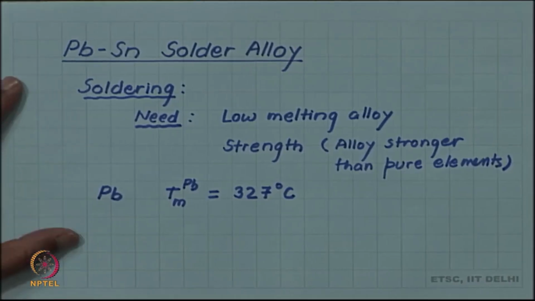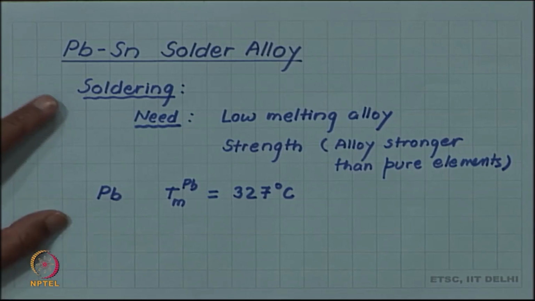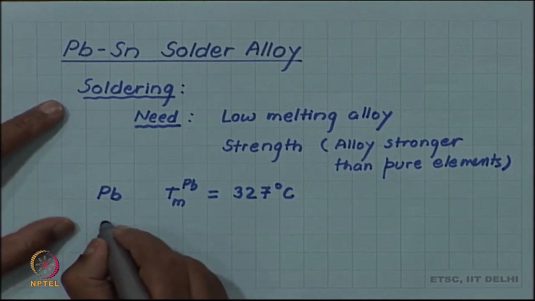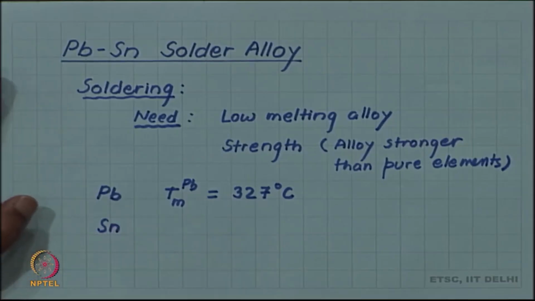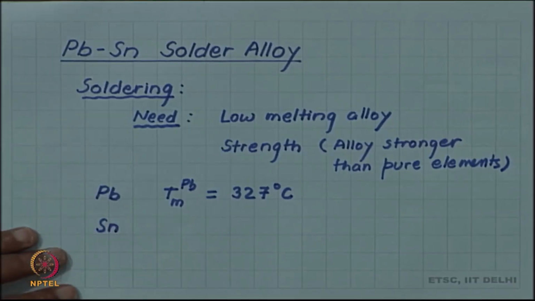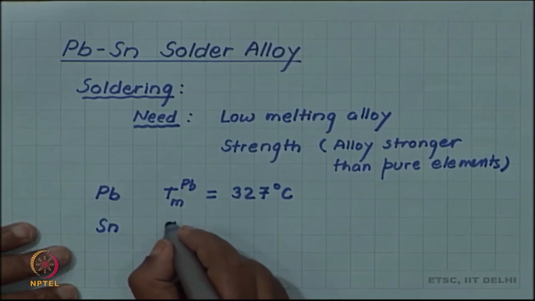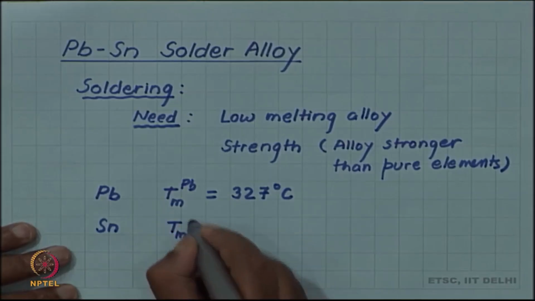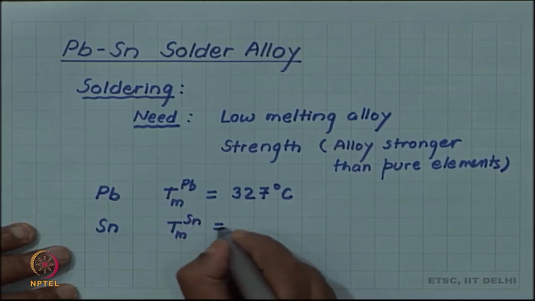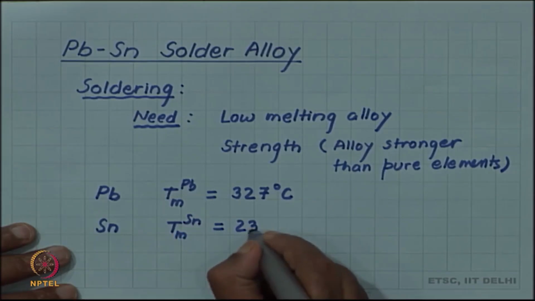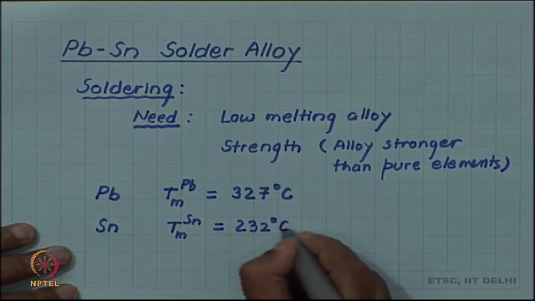Lead has only a melting point of 327 degrees Celsius, and still to strengthen it, we have an alloying addition, and we select another alloying addition which is even lower melting point. The melting point of tin is only 232 degrees Celsius.